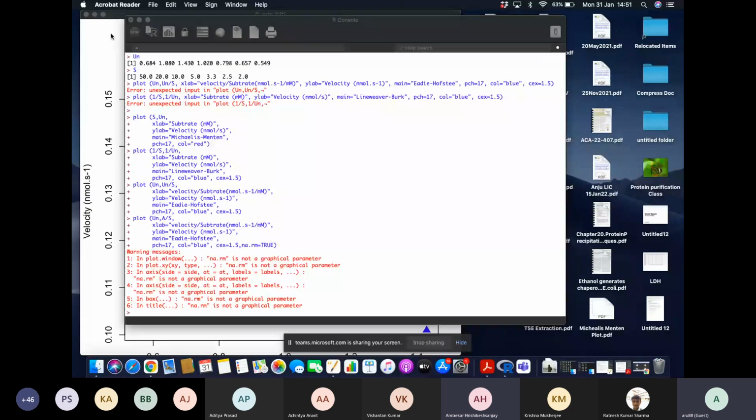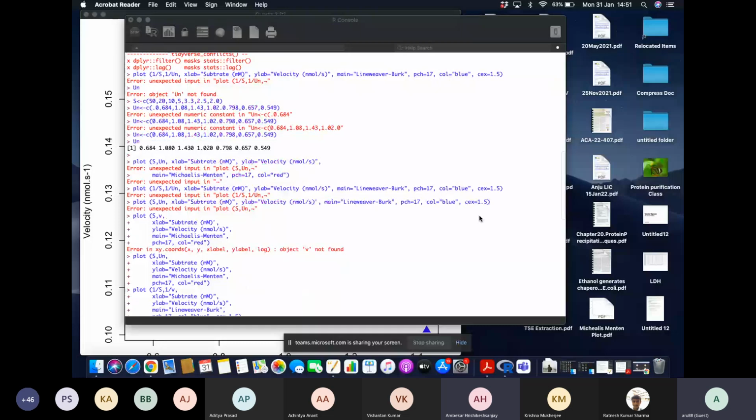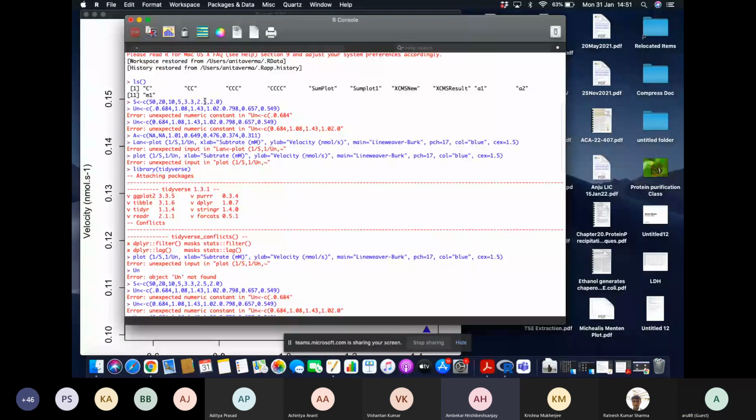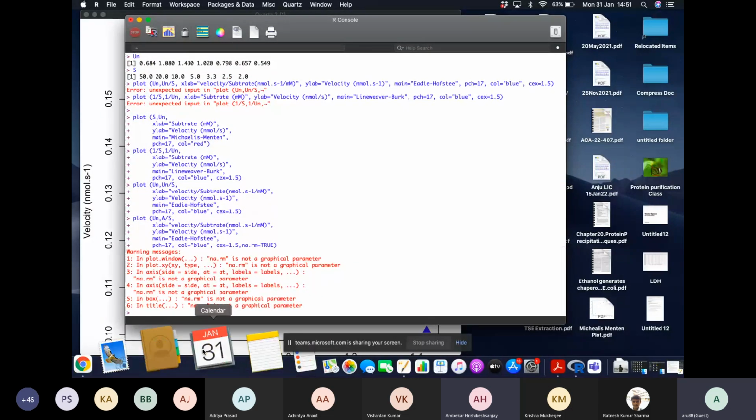So here we go. Now you can see that I have already loaded the data here. The substrate is this one, S. Everybody can see now? Yes, sir. So you copy this. Don't go to the programming parameters, that you will learn.